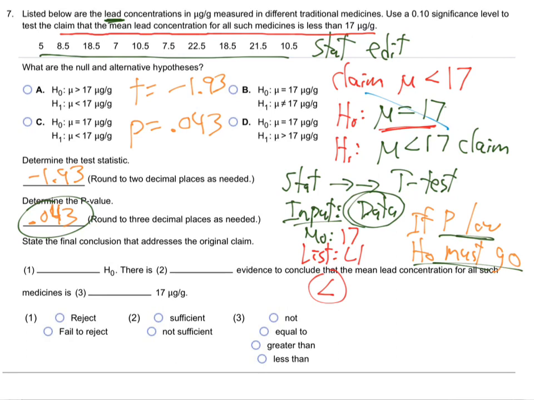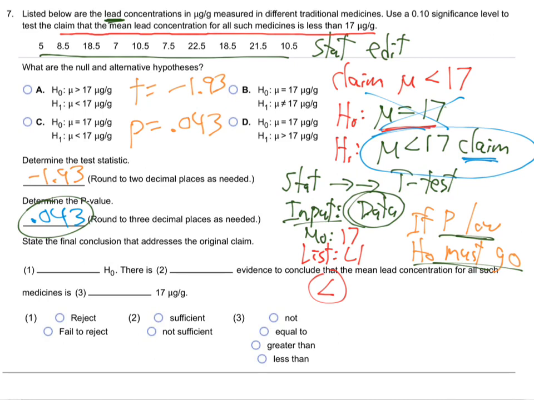So that means cross off the null, keep the H1. It's 0.0427, right? So 0.043, round to 3 places. All right, so we're keeping the H1. We're keeping the claim.